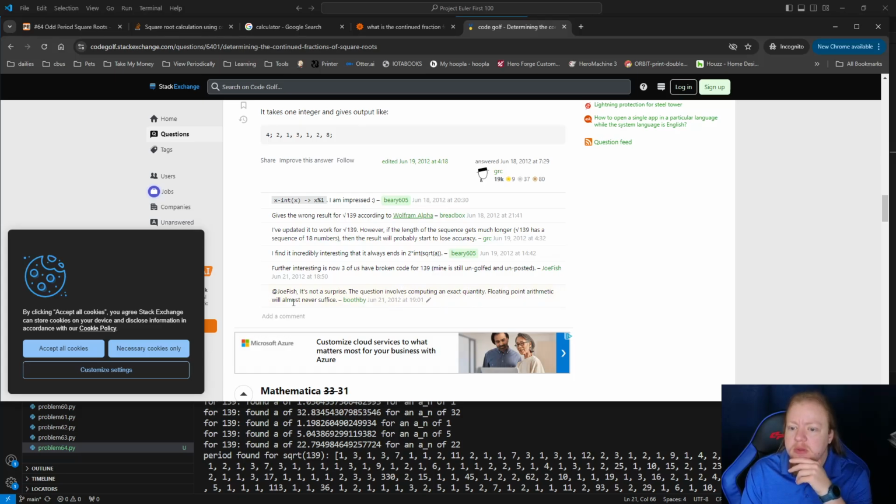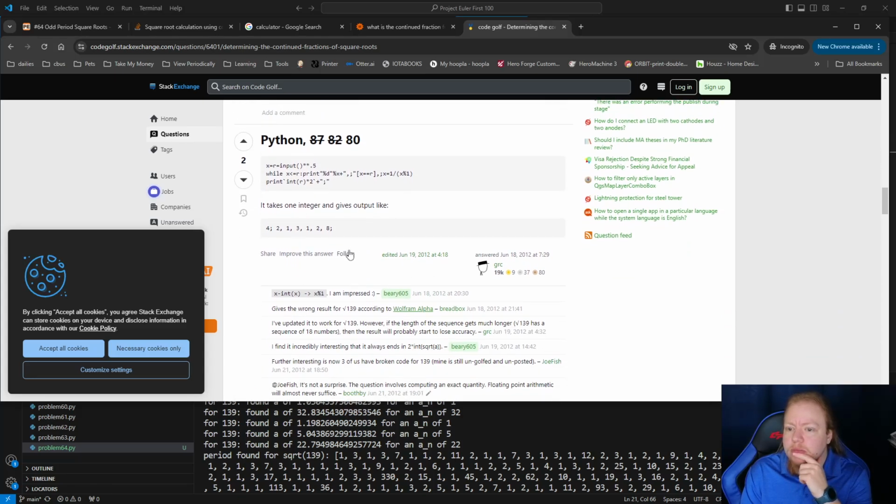Floating point arithmetic will almost never suffice. Cool. Okay, so in this one, it's doing that.